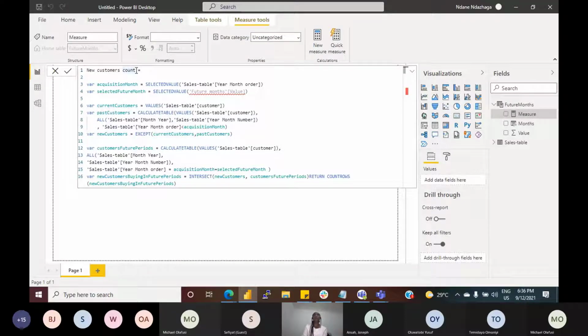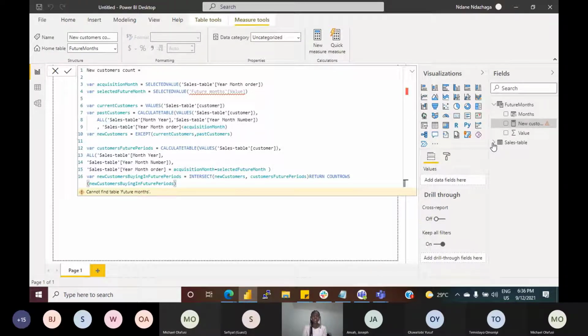For this cohort analysis, I want to measure the acquisition rates, your new customers. The first one is the variable, you call out a variable. The variable is acquisition months, that is the month the customer joined. And then the selected value that I use is your year months order from your sales table.